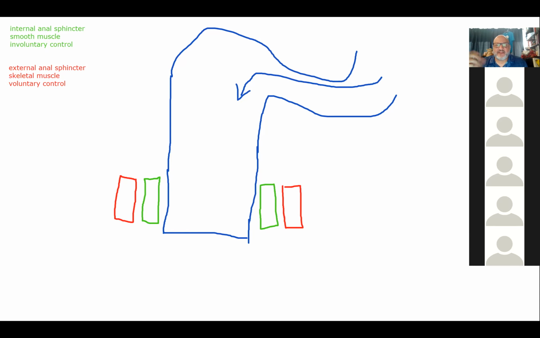As that feces enters the rectum, it causes the rectum to expand. And as the rectum expands, it stimulates stretch receptors.